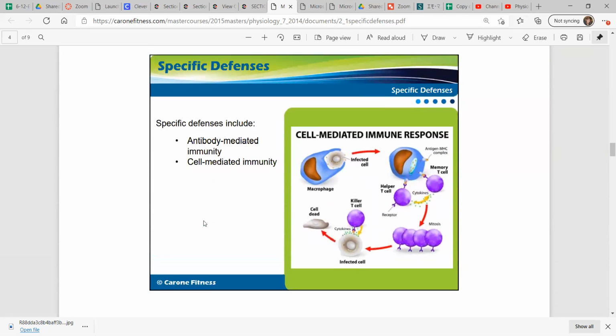And specific defenses include antibody-mediated immunity and cell-mediated immunity. And here's a diagram of cell-mediated immune response. So that means the cell is primarily doing the responding. Antibody means the antibody is mainly doing the responding.